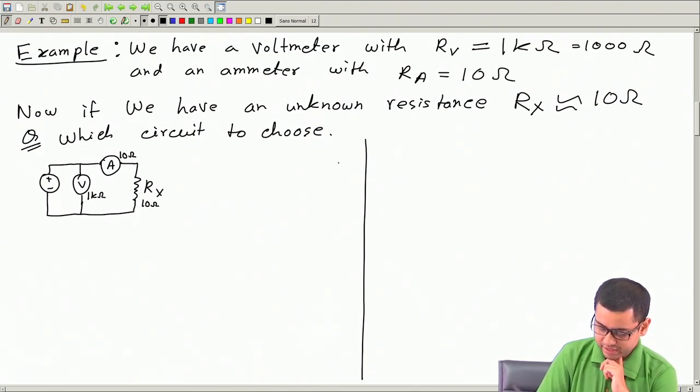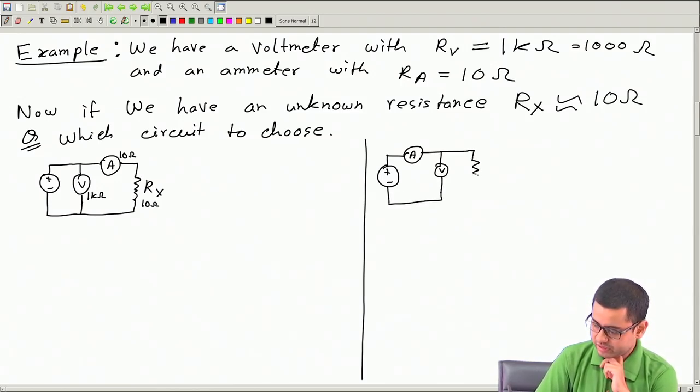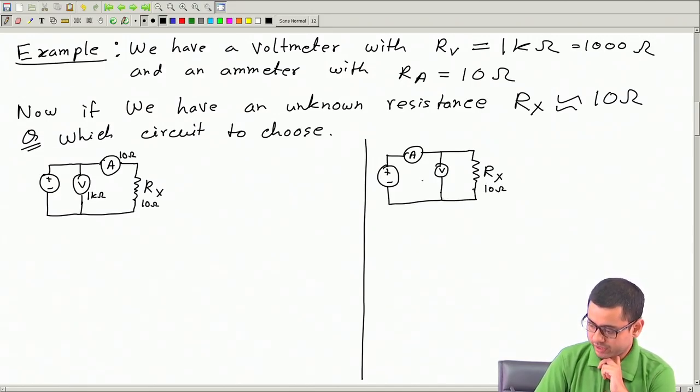Okay. And let's choose the other circuit, for which we will have the ammeter before the voltmeter, so that the voltmeter reads the correct voltage, but the ammeter will read erroneous current. So this is around 10 ohm, this is 1 kilo ohm, this is 10 ohm.